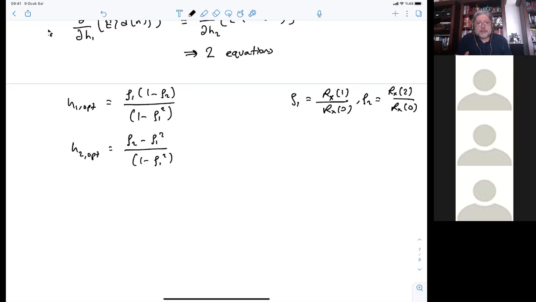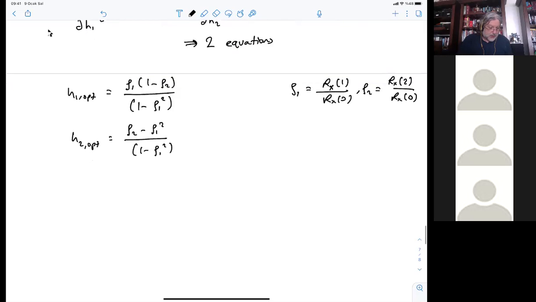In other words, we did something else, and it also readjusts H1. It does not stay to be rho 1. It is updated. Now it is this value, which is clearly not equal to rho 1. It may be equal to rho 1 under certain circumstances, but it's different. So what's happening here?